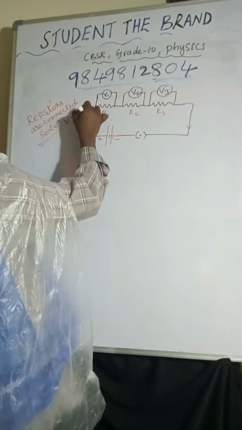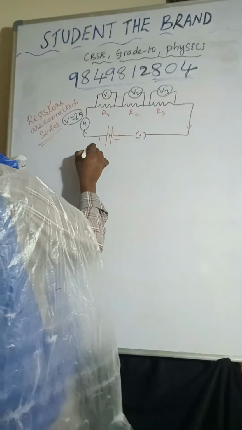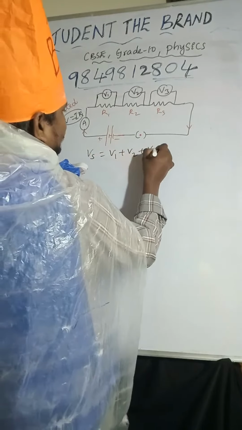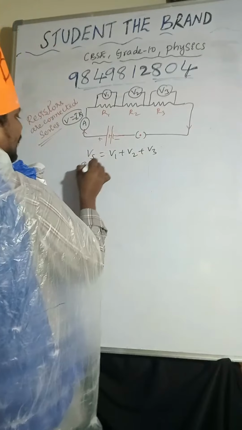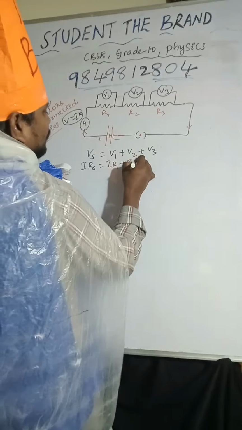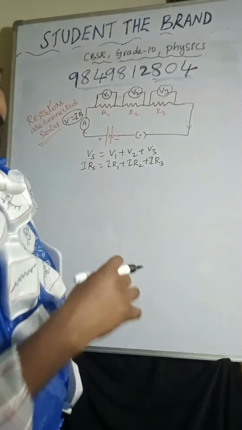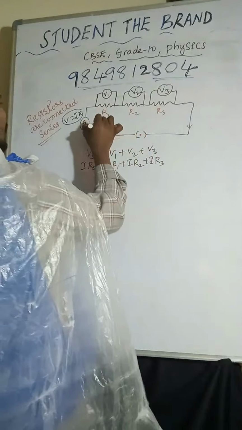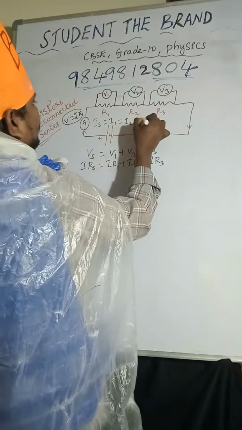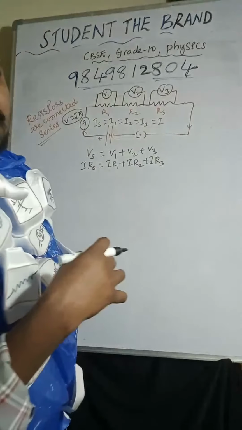Now the potential difference is different: V1 plus V2 plus V3. So I'm taking I RS equal to I R1 plus I R2 plus I R3. Anyway, the current is the same, so IS equal to I1 equal to I2 equal to I3 equal to I, because current is the same in the series circuit.